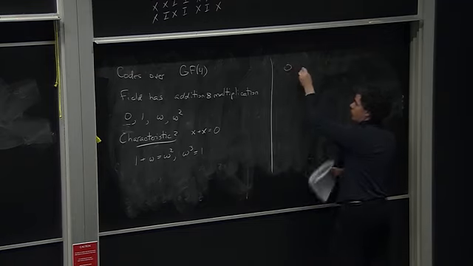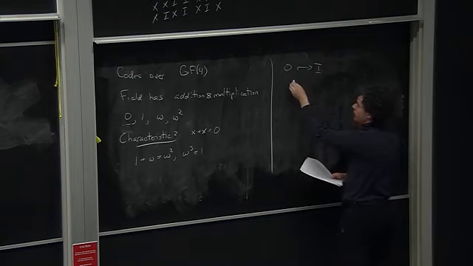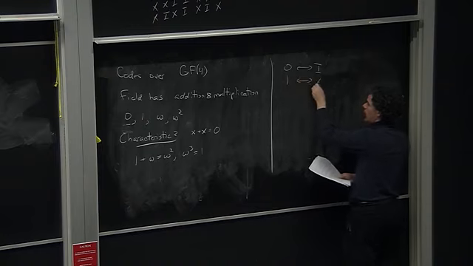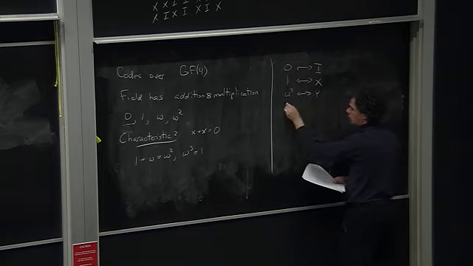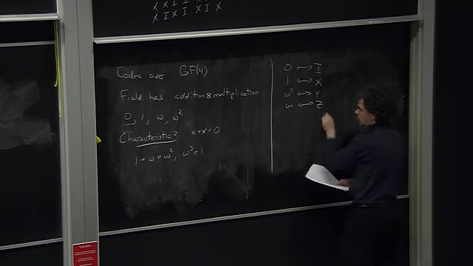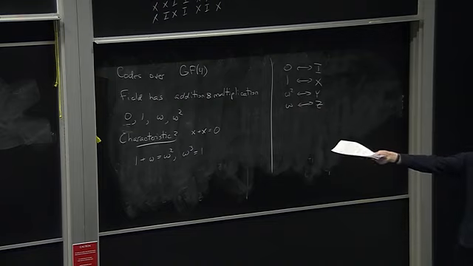So 0 corresponds to I, and 1 corresponds to X, and I'm going to let omega squared correspond to Y, and then omega corresponds to Z. Okay? And so as before, I'm going to take every Pauli and convert it into a vector.